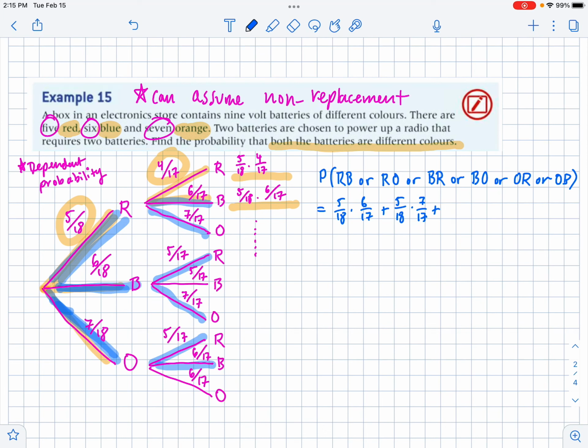Plus blue, red, which is 6/18 times 5/17. Plus blue, orange, which is 6/18, 7/17. We're gonna have to continue down on the next line. Blue, orange. Now I need orange, red, and orange, blue.